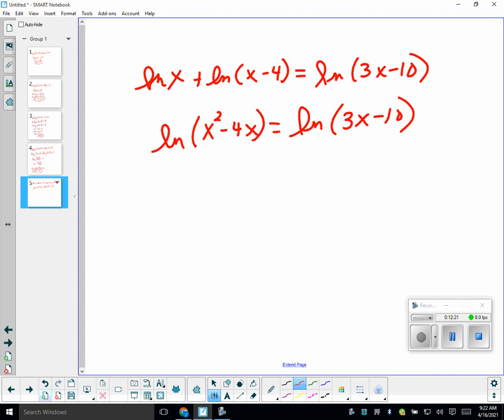Now what? Well, get rid of ln. So x squared minus 4x equals 3x minus 10. Now what? Well, I need to get it equal to 0, don't I? So x squared minus 7x plus 10.